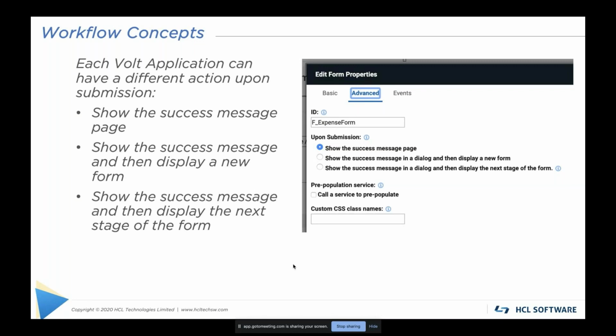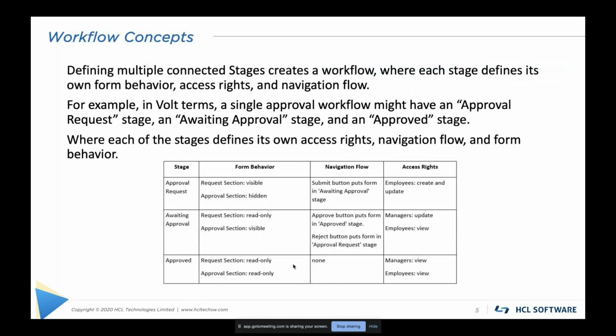So it's basically refreshing and giving you a new entry point. The last one is when you submit, it actually moves it to the next stage. Depending on access and flow, if I submit something, then maybe it goes to an approval review, or an acceptance, or whatever that next stage is. It can automatically traverse you there. Those are configured at the application level.